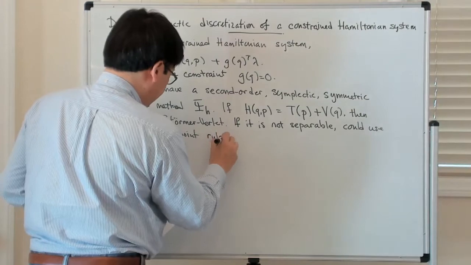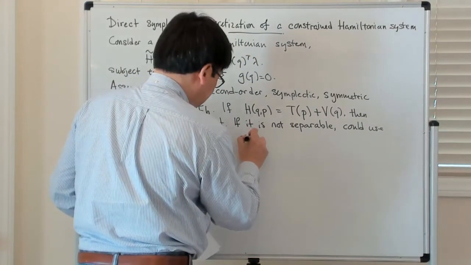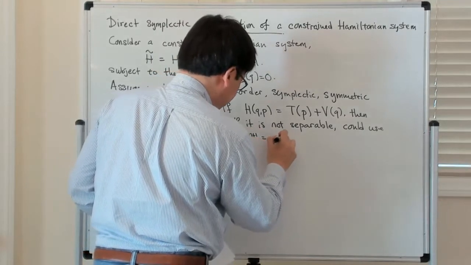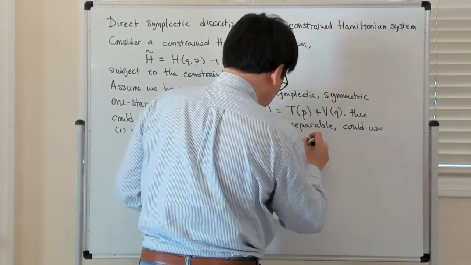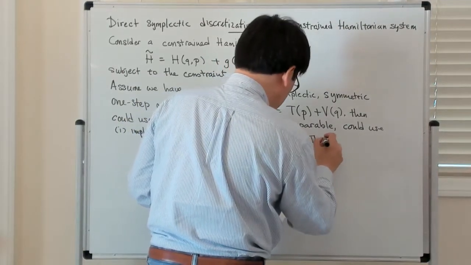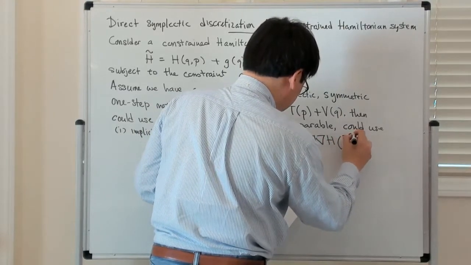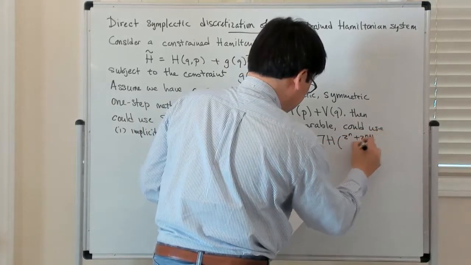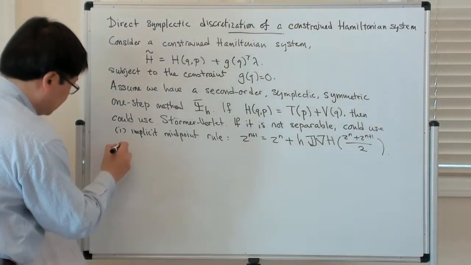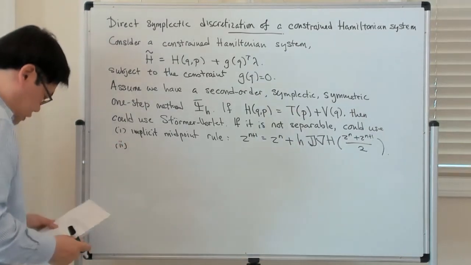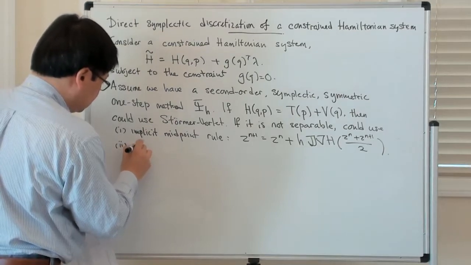And what the implicit midpoint rule does is that it says that the solution at the new time, z n plus 1, is equal to the solution at the old time, z n, plus h times the vector field evaluated at the midpoint. Okay, so that's the implicit midpoint rule. Then the other possibility is the generalized leapfrog method.